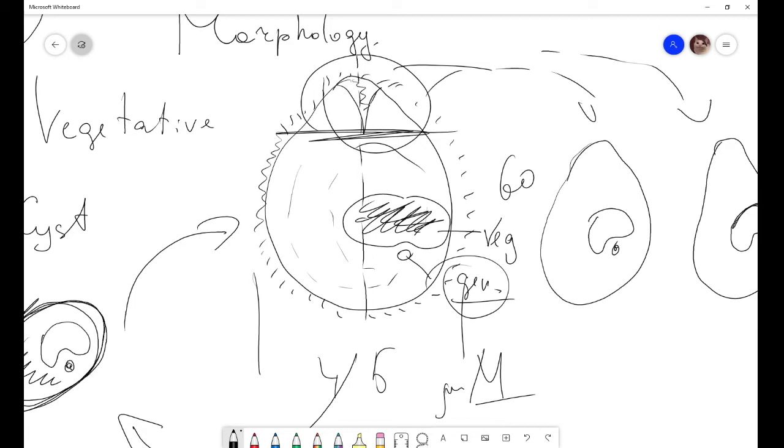This organism reproduces by transverse binary fission, and this fission is driven by the generative micronucleus. Sometimes this organism reproduces by conjugation.